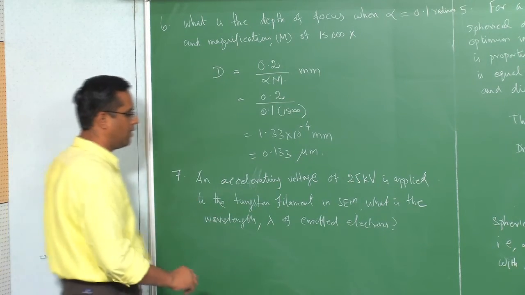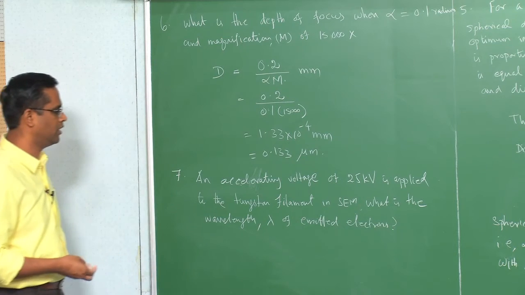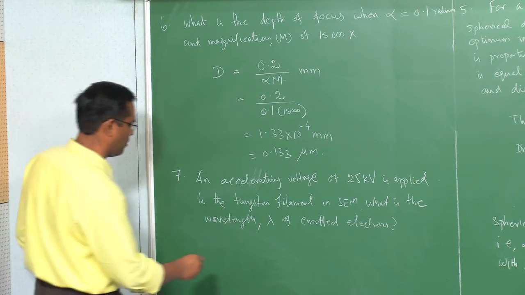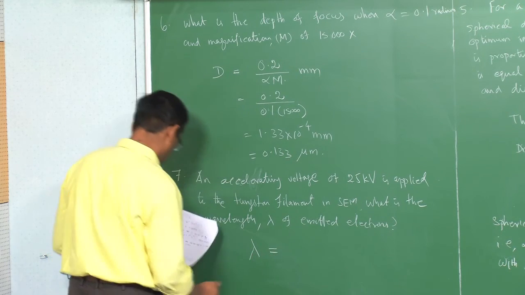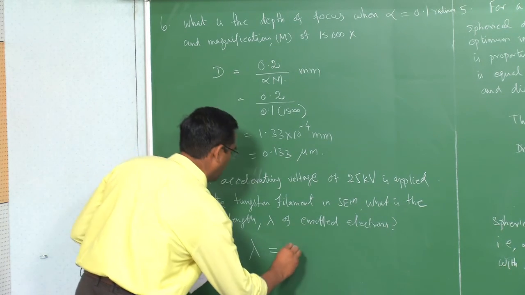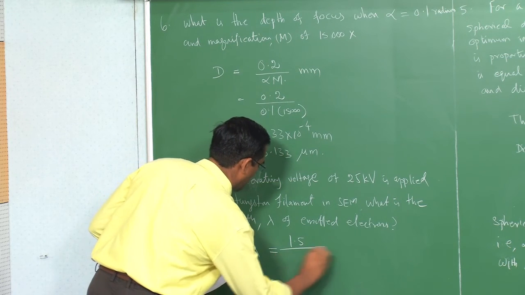What is the wavelength lambda of the emitted electrons? So, it is again a very straightforward formula. You have a lambda which is relating to the acceleration voltage. So, a very standard formula.